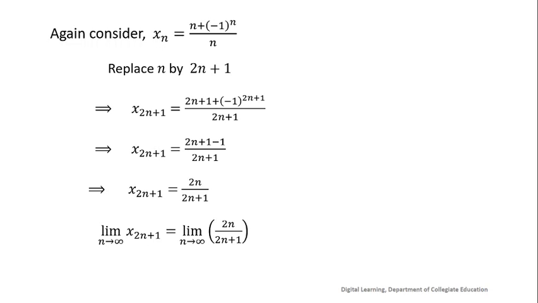Here we are taking the limit as n tends to infinity on both sides. Then here in the denominator we can take 2n as common. Then we will get 2n of (1 plus 1 by 2n). In the numerator and denominator 2n will get cancelled.